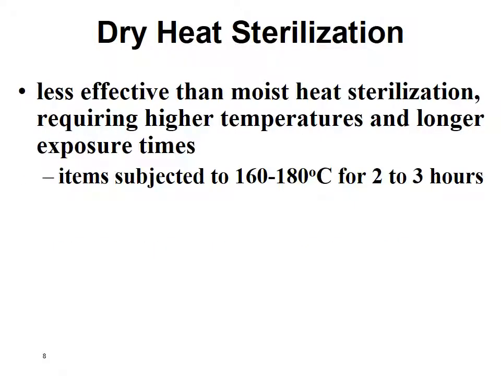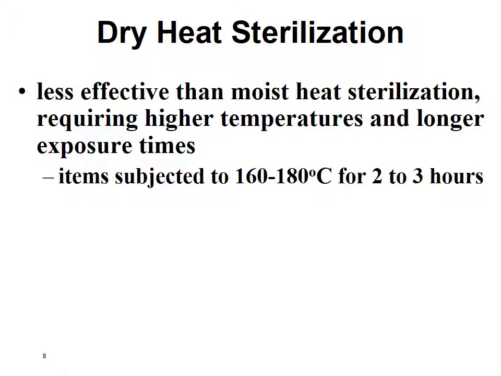Many objects are best sterilised in the absence of water by dry heat sterilisation. This involves placing items in an oven at 160 to 170 or 180 degrees Celsius for 2 to 3 hours. Microbial death apparently results from the oxidation of cell constituents and denaturation of proteins.